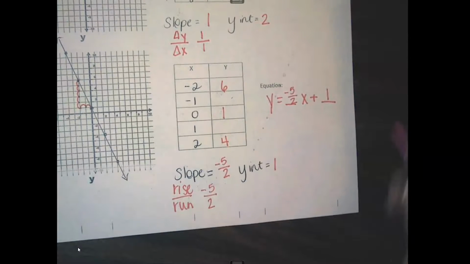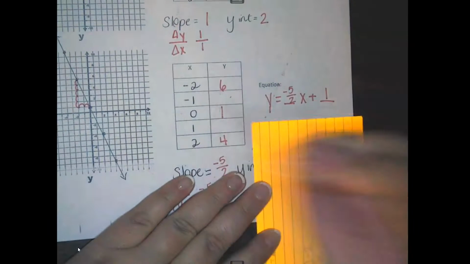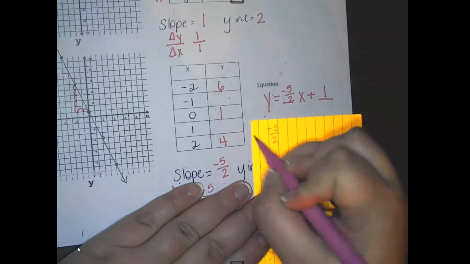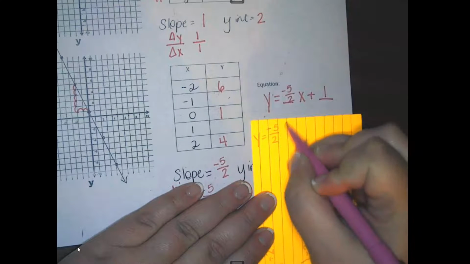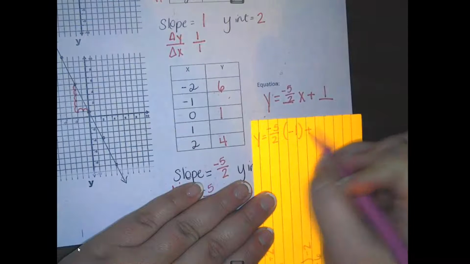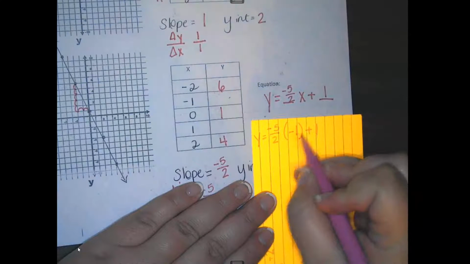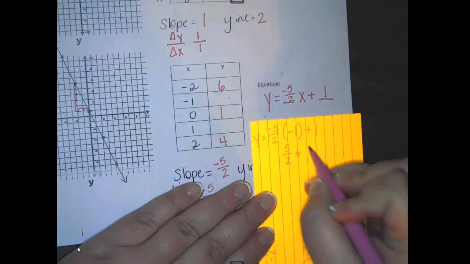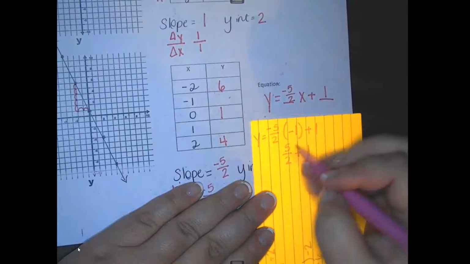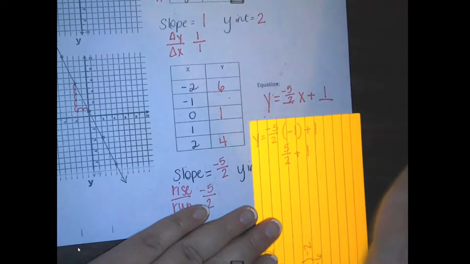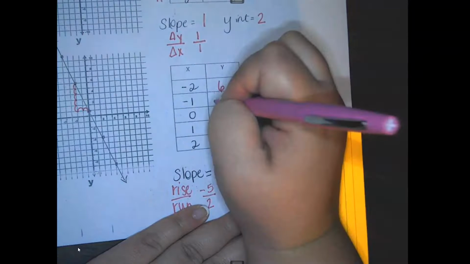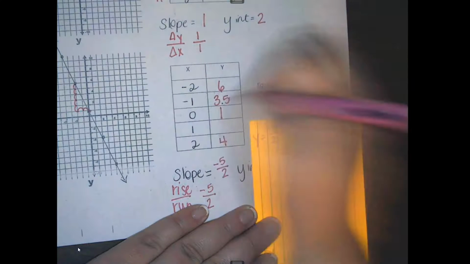So now that we have those, I can plug that -1 into my equation. y equals -5/2 times -1 plus 1. So -5/2 times -1 is 5/2 plus 1 is going to be 3.5. Yeah, 3.5.